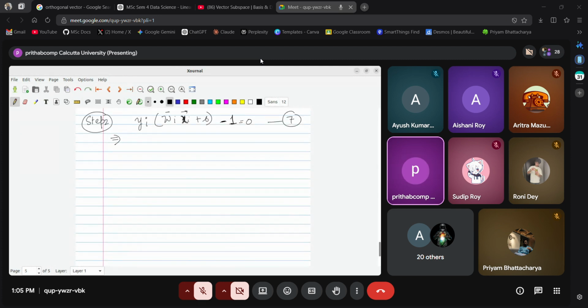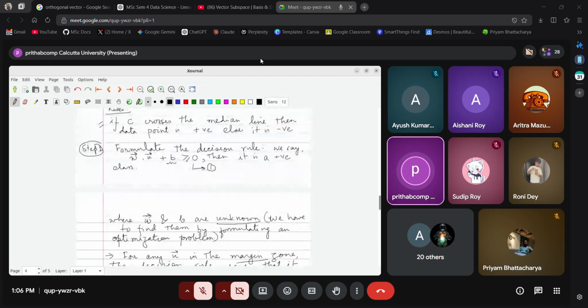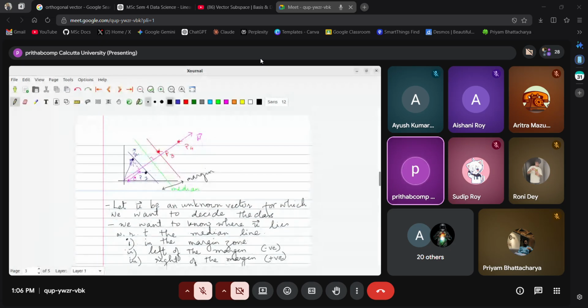So when it is equal to 0, what does it mean? It means that this point is on the decision boundary. If you look at the figure that we have drawn earlier, you will see that these points P1, P2, P3 are all on the decision boundaries. For these 3 points, that equation will get satisfied, but for P4 the equation will not get satisfied.